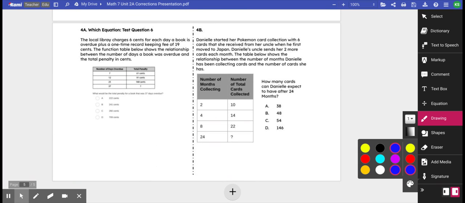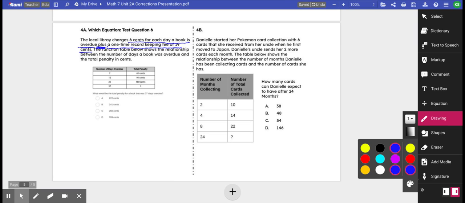Okay, here we have problem 4. So problem 4 was actually test question number 6. It's another word problem, but this one has a table included. So it says local library charges 6 cents for each day a book is overdue. Overdue means if it's late. Okay. Plus, that's an important word, a one-time record keeping fee of 19 cents.